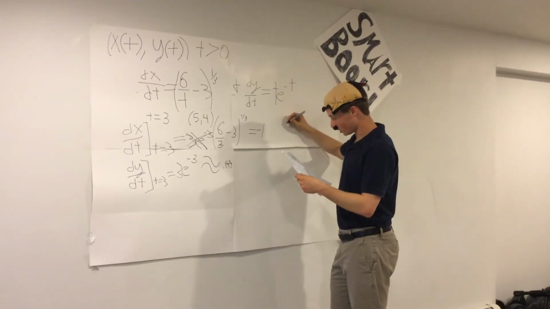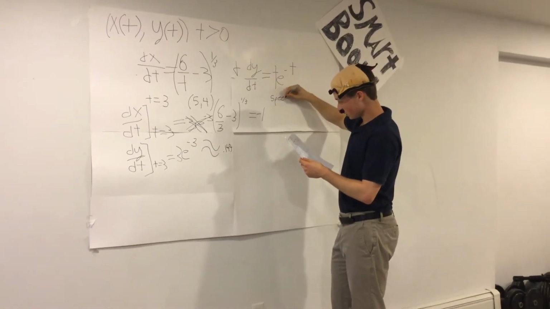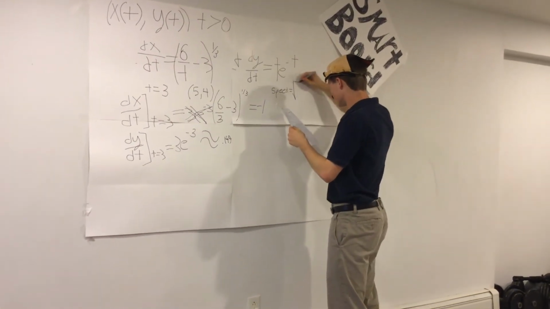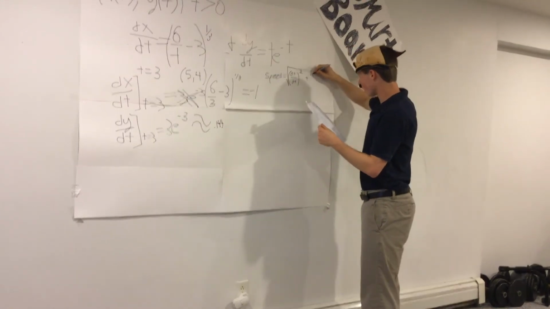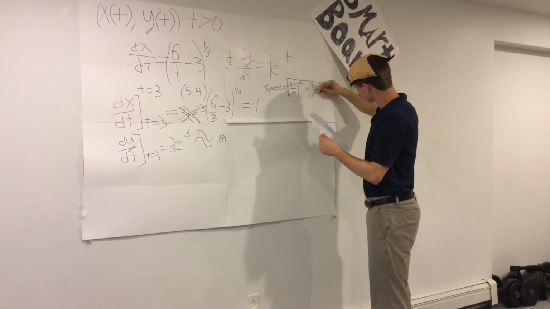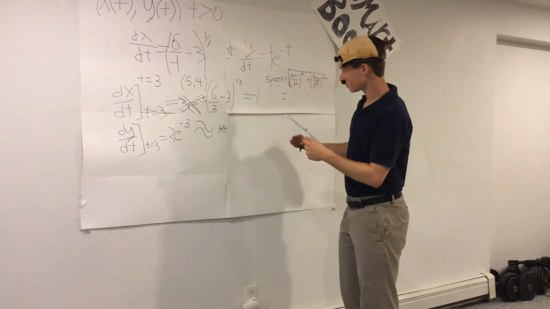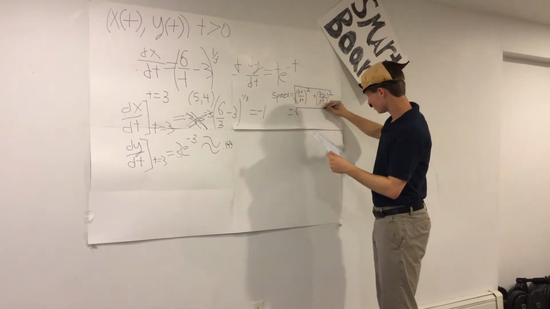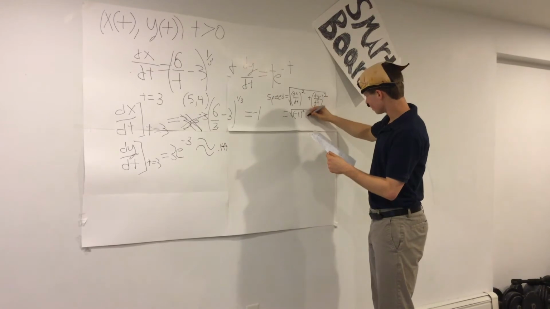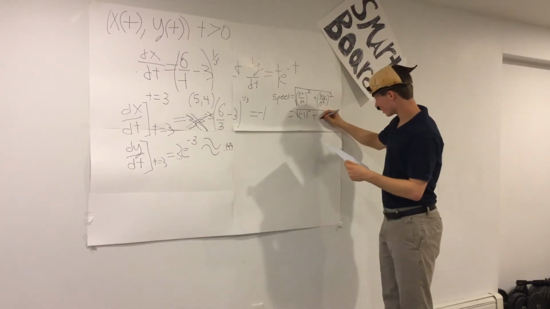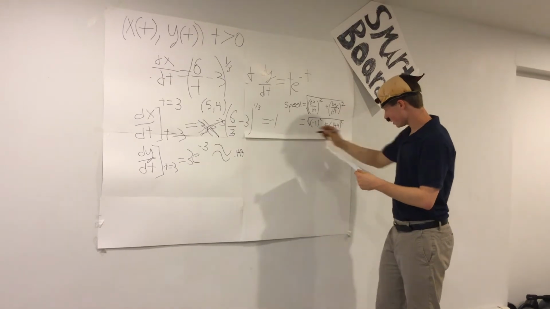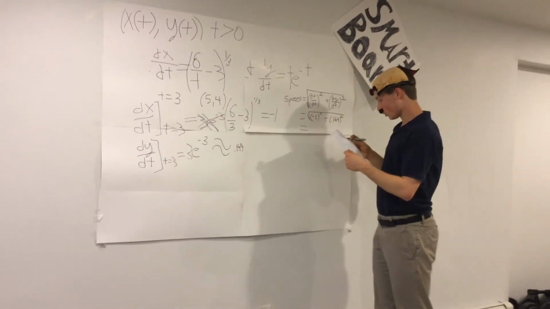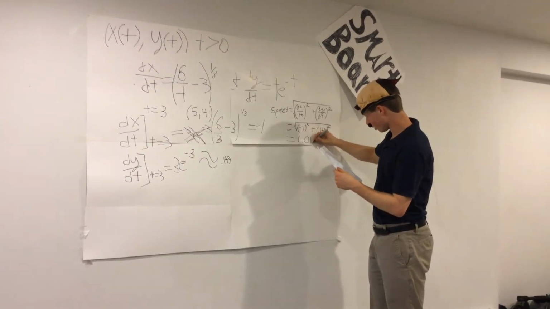Now we have to plug into the speed formula. Speed equals the radical of dx/dt squared plus dy/dt squared, which equals negative 1 squared plus 0.149 squared, which in turn equals 1.011.